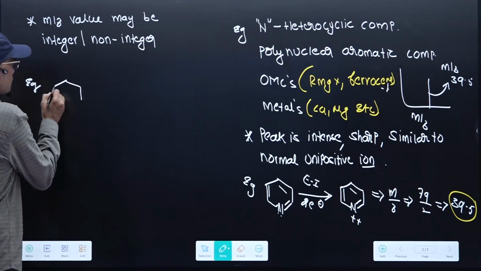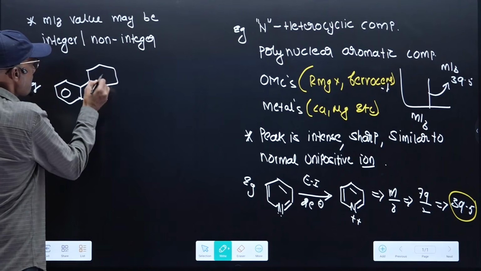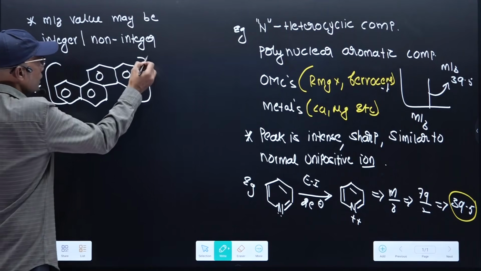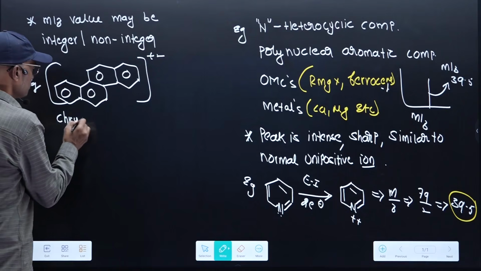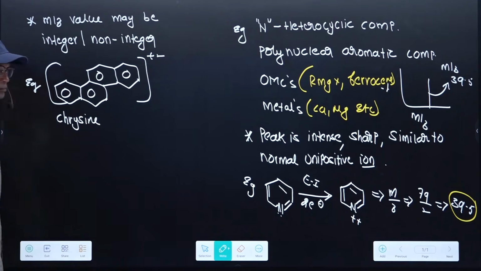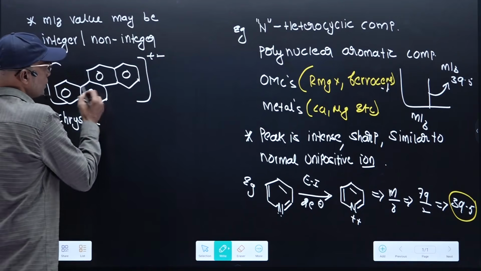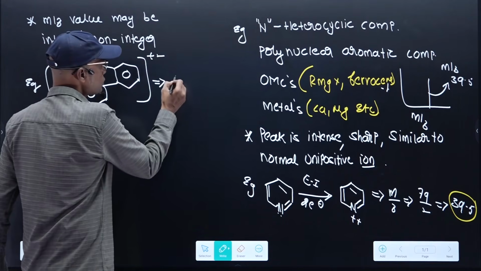Suppose I take anthracene. This is called anthracene. After electron impact, it may lose 2 electrons. This is anthracene, a polynuclear aromatic compound. So when it loses 2 electrons, and initially, if you remove 1 electron, then what about the m/z value for this molecule?